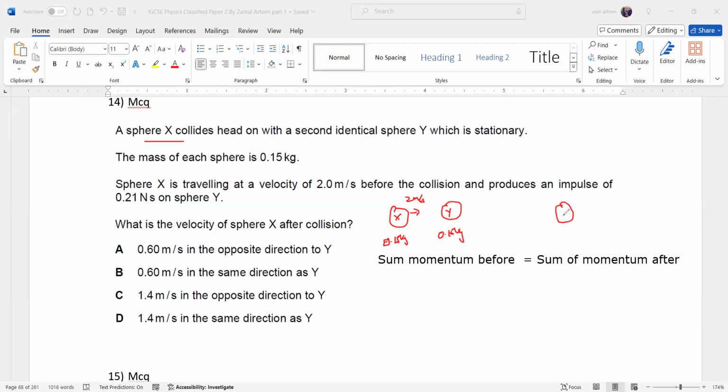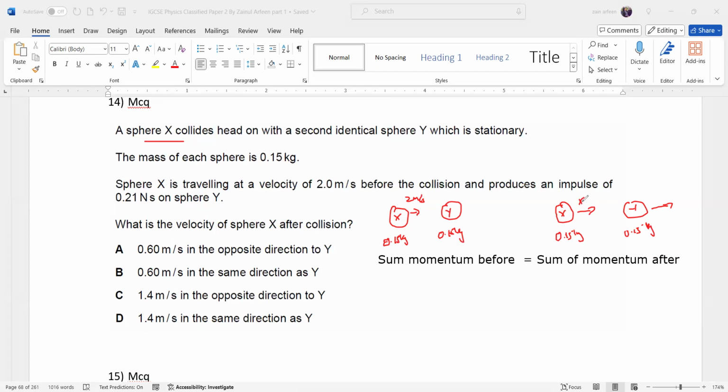So X is there, the mass remains 0.15 kg. Then we have Y, 0.15 kg, and it also moves, but we need the final speed of this one.